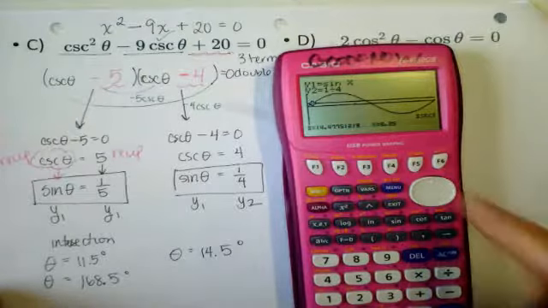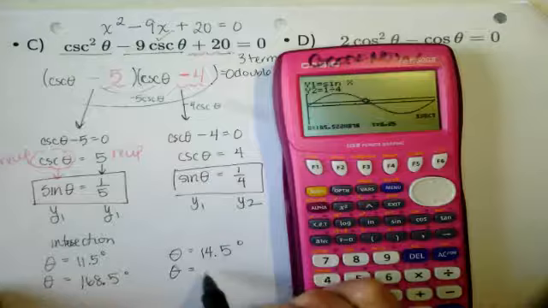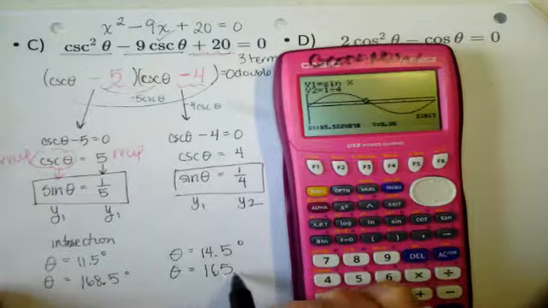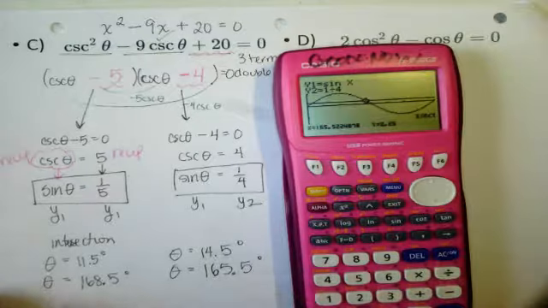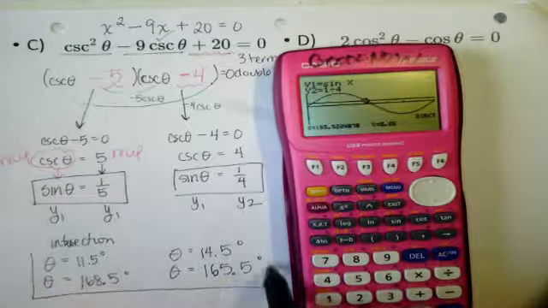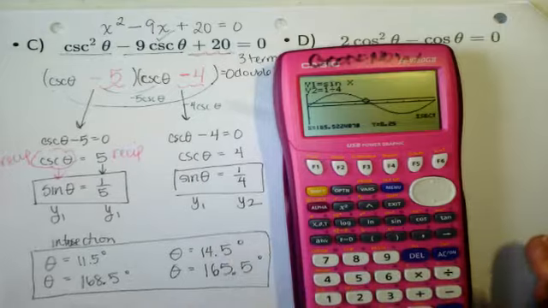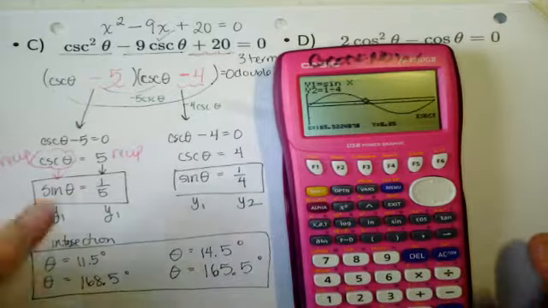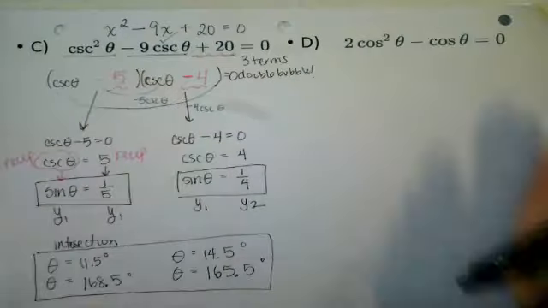And then arrow right, and it gives you the next one, 165.5 degrees. So there are 4 solutions here for this function. All right, let's try one more.